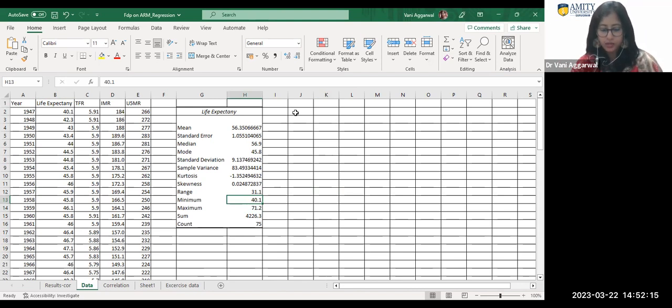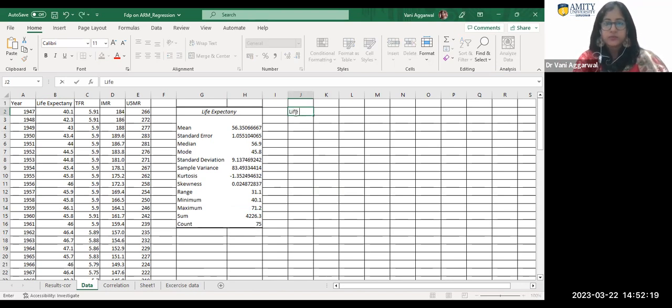For example, I'll write here life expectancy. Now I want to know between, say, 40 to 50, between 50 to 60 years, then 60 to 70, then 70 and above.